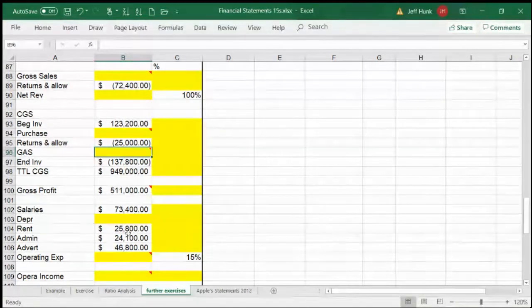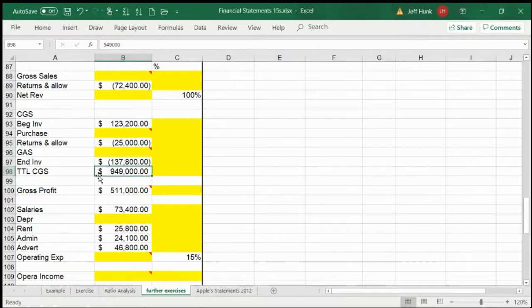But again, think about it. This is already negative, so normally GAS minus CGS is ending inventory, or GAS minus ending inventory is also CGS, right? And CGS, I've been telling you, is the conclusion of this section.